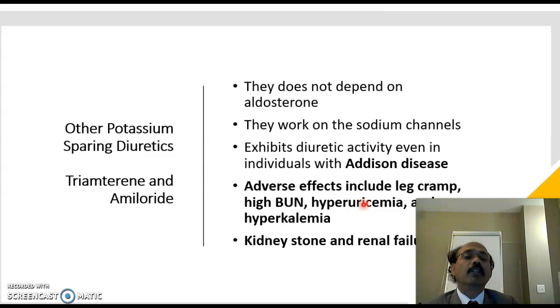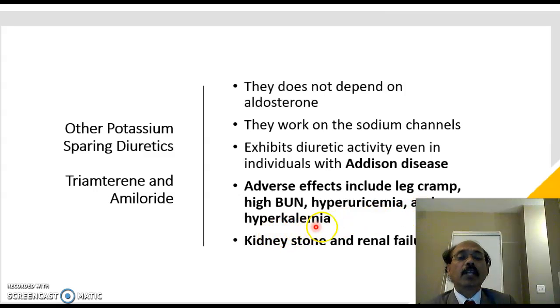Hyperuricemia because there will be excess of uric acid in our body, because the diuretic competes with the uric acid for excretion. So there will be hyperuricemia that may lead to gout also. There may be deposition of uric acid crystals in the metatarsophalangeal joint, in the knee joint, or elsewhere in other joints.